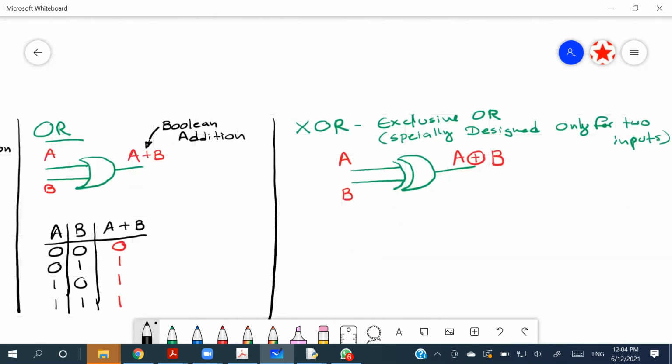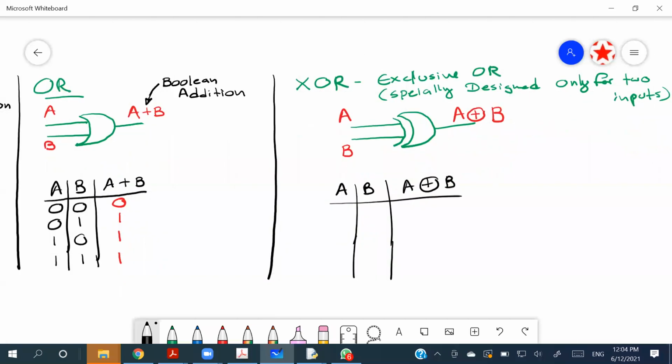And the truth table, right? It is a little bit special. A XOR B. The specialty is that we got the same combinations. Now, when the inputs are identical, that means when A and B both got 0, and when both A and B got 1, then the inputs are identical.